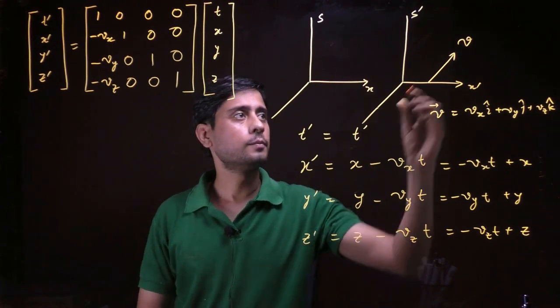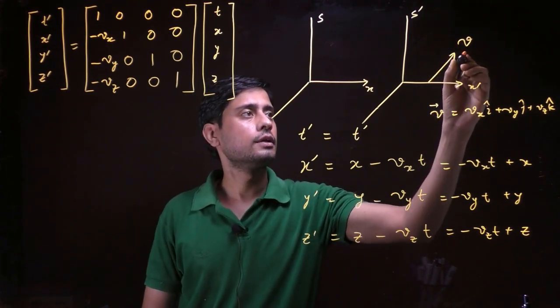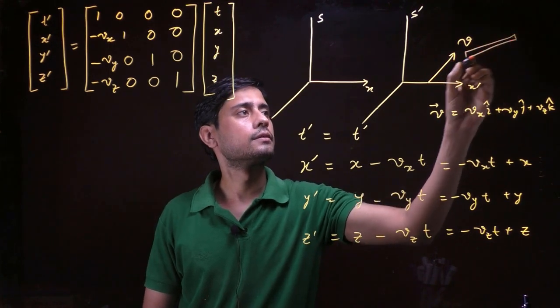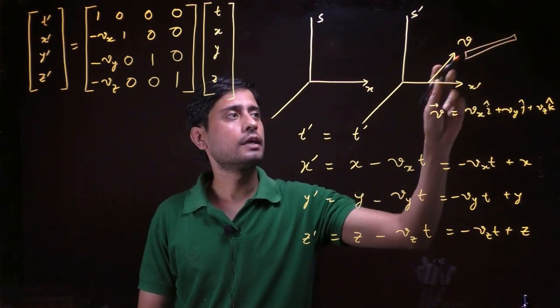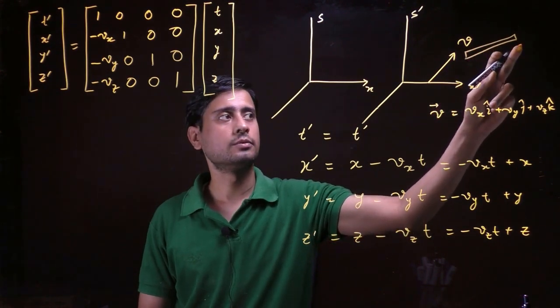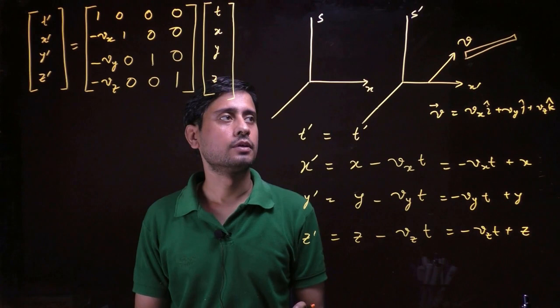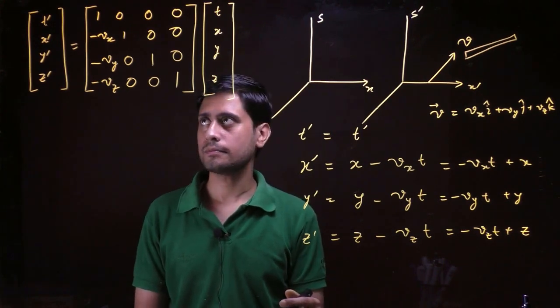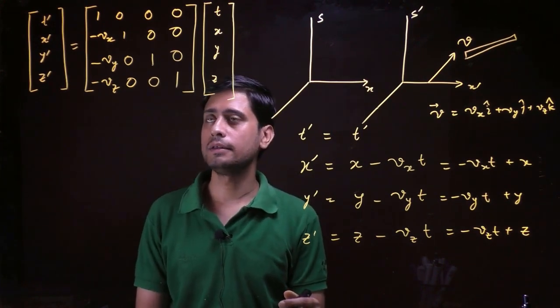Now again, if you put a rod here like this, and the two ends are x1, y1, z1 and x2, y2, z2, then the coordinates will again change, and we will write the Galilean transformation equations like this.